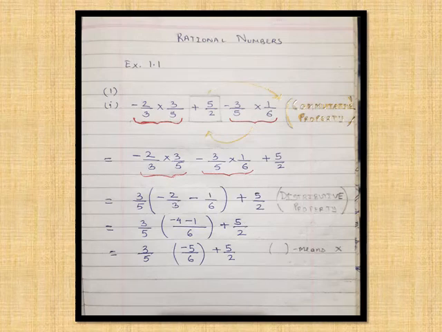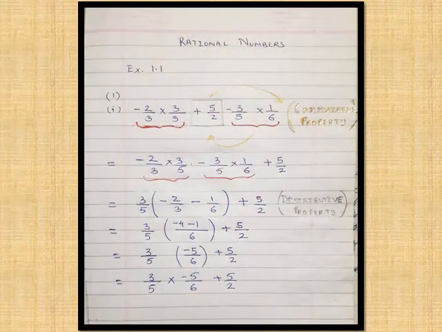Now bracket means multiplication. Now let us remove the bracket and use the multiplication sign since we have only one fraction here. So it looks somewhat like this: 3 upon 5 multiplied by negative 5 upon 6 plus 5 upon 2, which comes down.